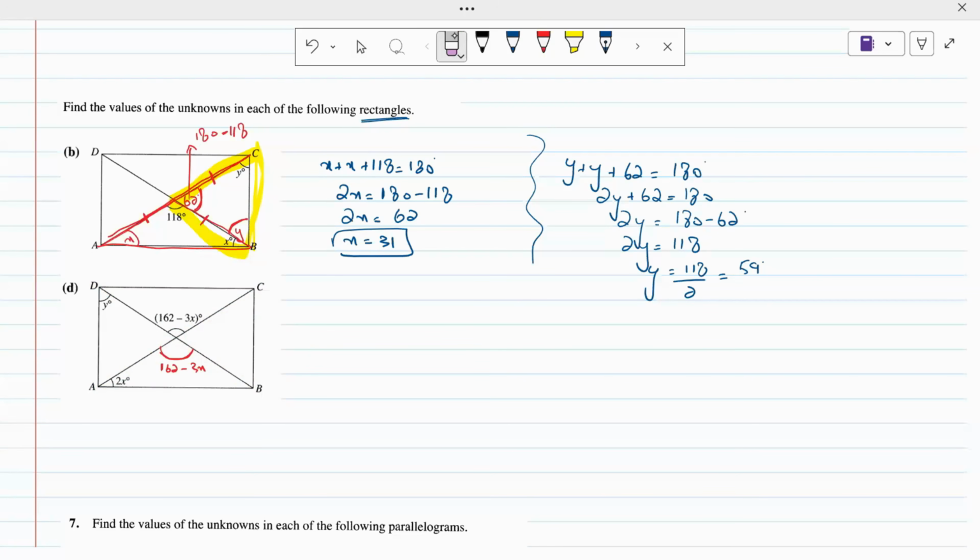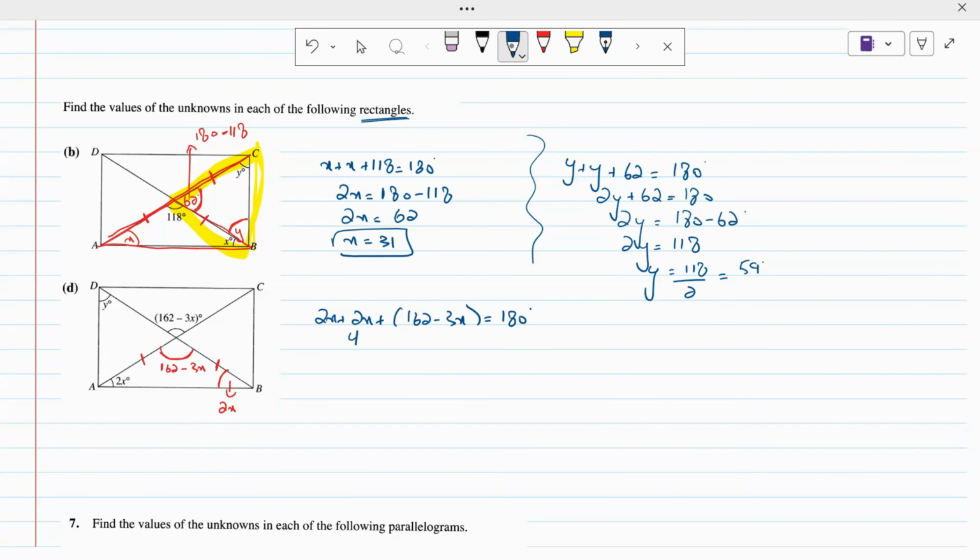Along with this vertically opposite angle, we know that when diagonals intersect, they make up an isosceles triangle. So this side and this side are equal. Since these two sides are equal, the angle opposite to the equal side will also be 2x. Now we can make the equation as 2x plus 2x plus 162 minus 3x is equal to 180.